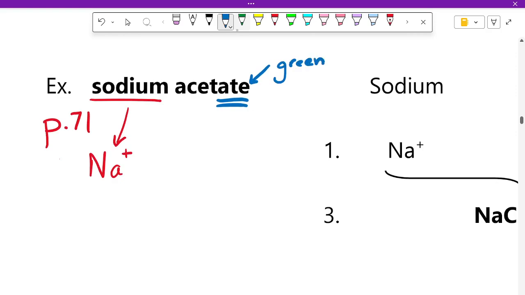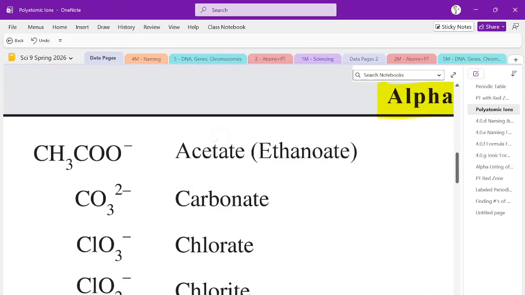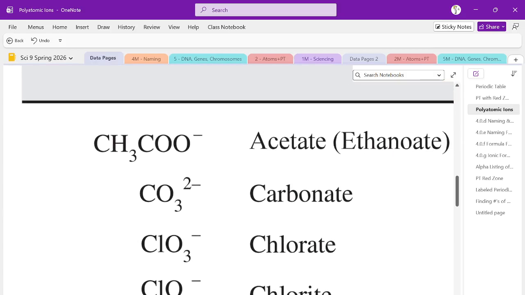They're polyatomics. They're on the green sheet. Anytime you see an 8, it's on the green sheet. Everybody go and look up acetate on your green sheet. We can go under A for acetate. It's a big long one. It is CH3COO minus.